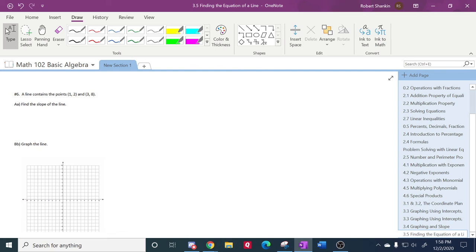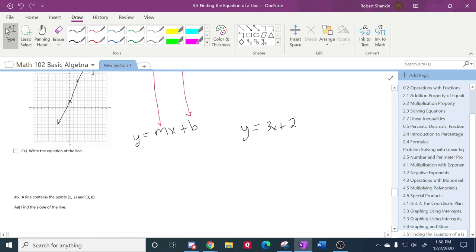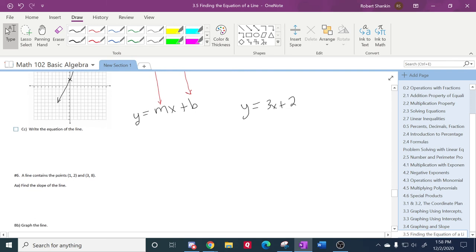Because the point doesn't have a 0. That's right. There is no y-intercept.